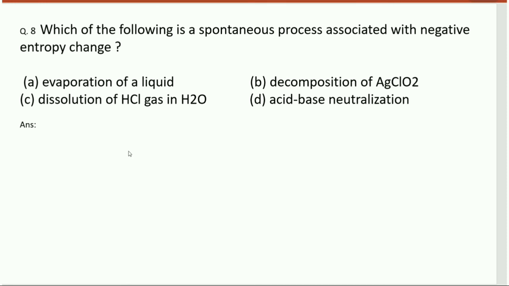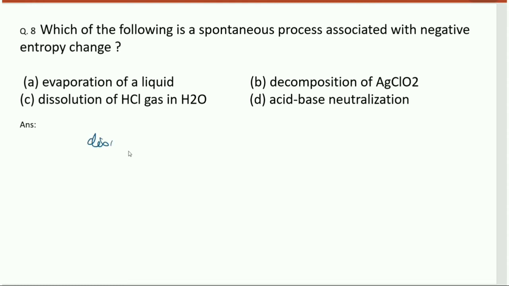Now the eighth question: which of the following is a spontaneous process associated with negative entropy change? Options: evaporation of a liquid, decomposition of AgClO2, dissolution of HCl gas in H2O, acid-base neutralization. So what is negative entropy change? Entropy is disorder.